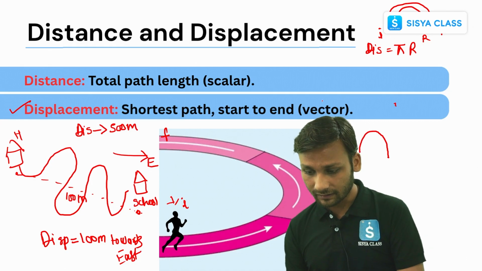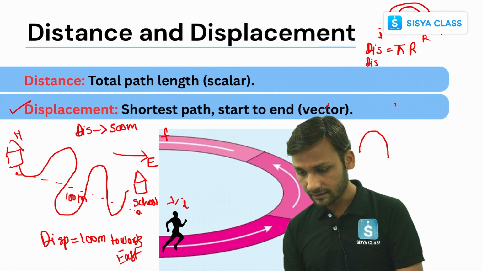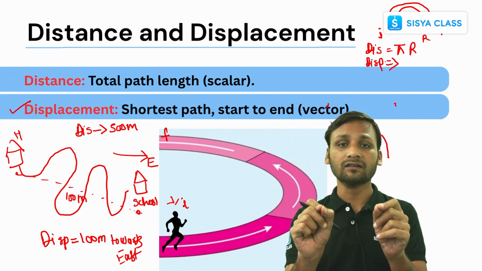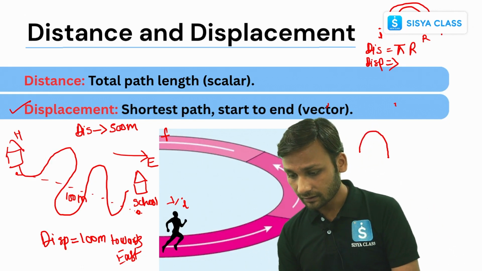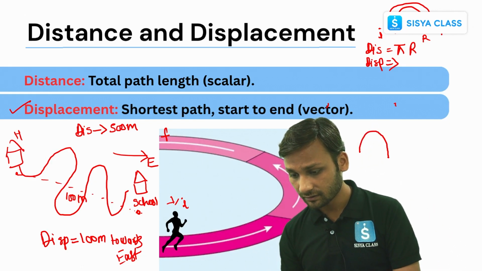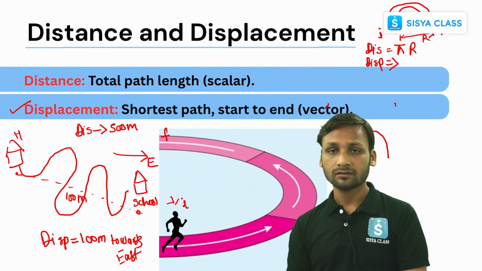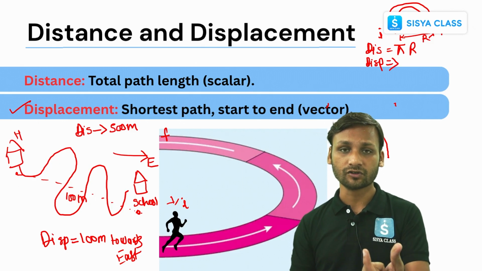Now, if I ask you, what is the displacement? What is the displacement? Right? So displacement is the shortest path between initial and final position. So connect these initial and final positions, right? This is the shortest path, this one, right? So how much will it be? How much is the length from initial to final position in the shortest way?